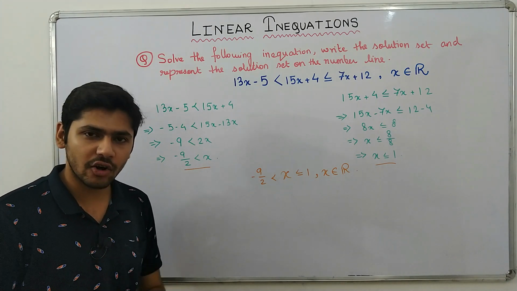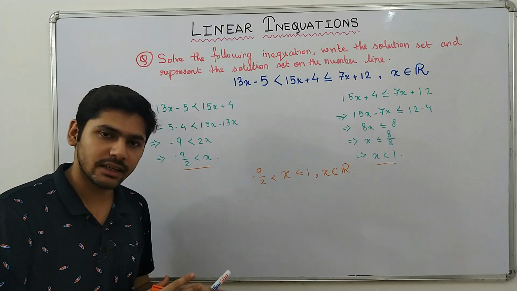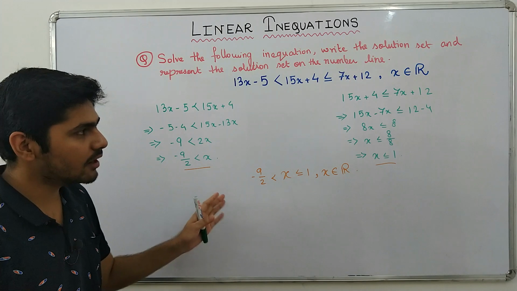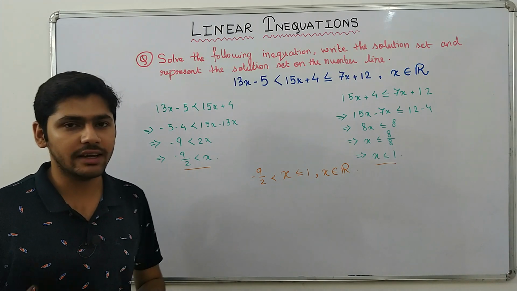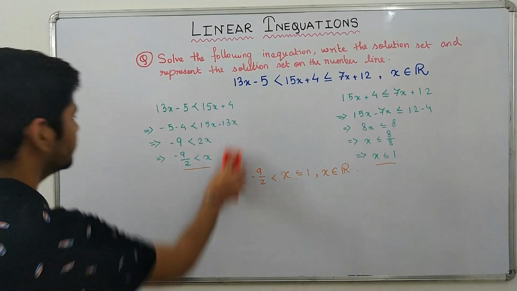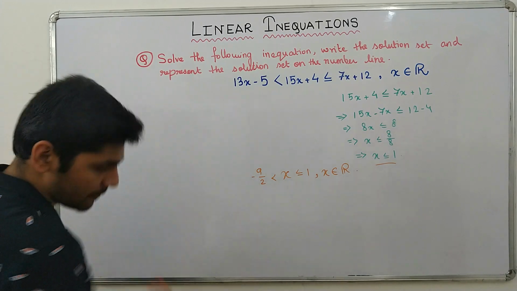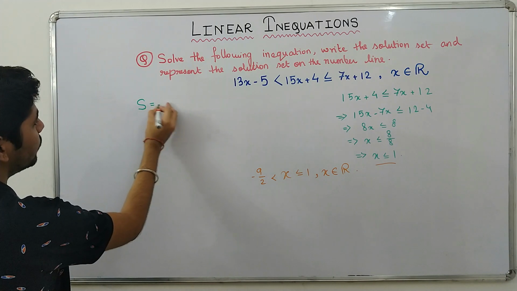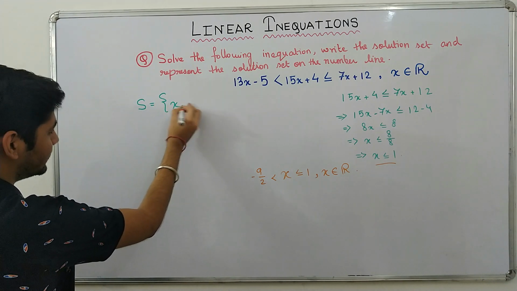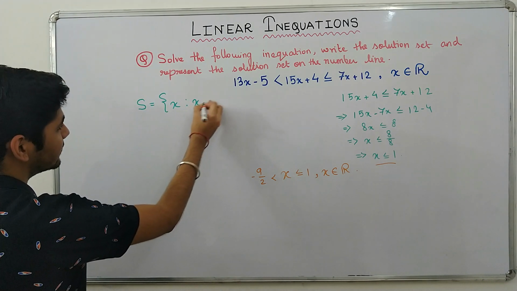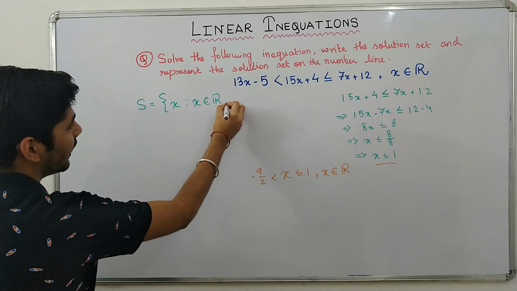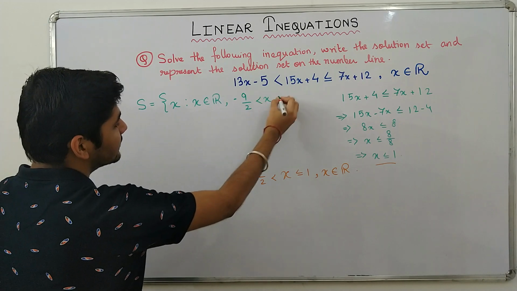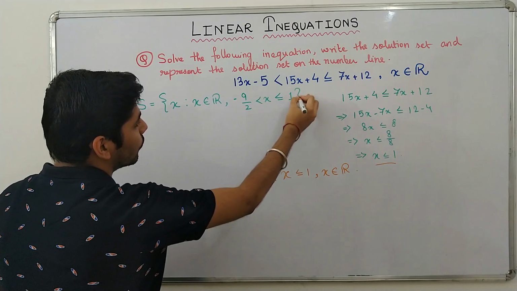First, let me tell you over here also that for different number systems, we have different solution sets. Over here we have x belongs to real number. So let me show it to you for real number. We will simply write S is equal to x such that x belongs to R and minus 9 by 2 is less than x is less than equal to 1.